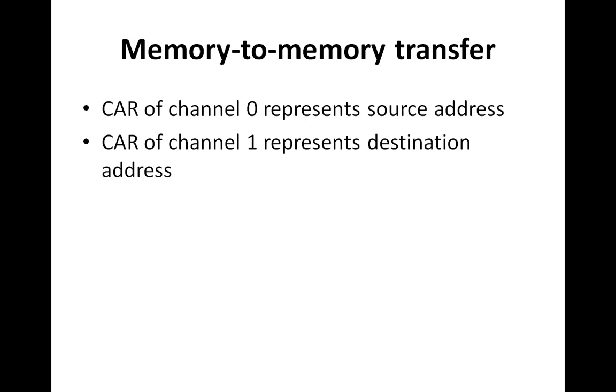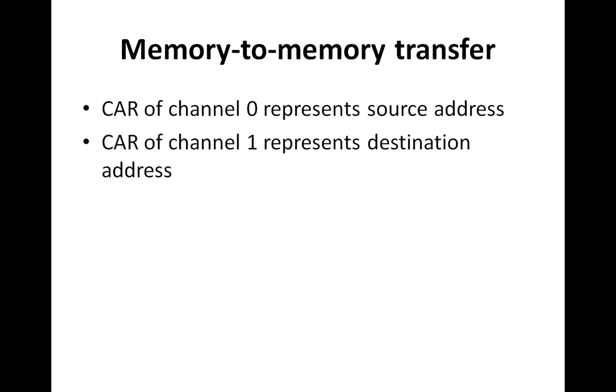Whenever the content of the source address is being copied into the destination address, it is not done automatically. First of all, the content of the source address will be copied into a temporary register. And then in the next transfer cycle, data from the temporary register is stored to the memory which is pointed to by the destination address.